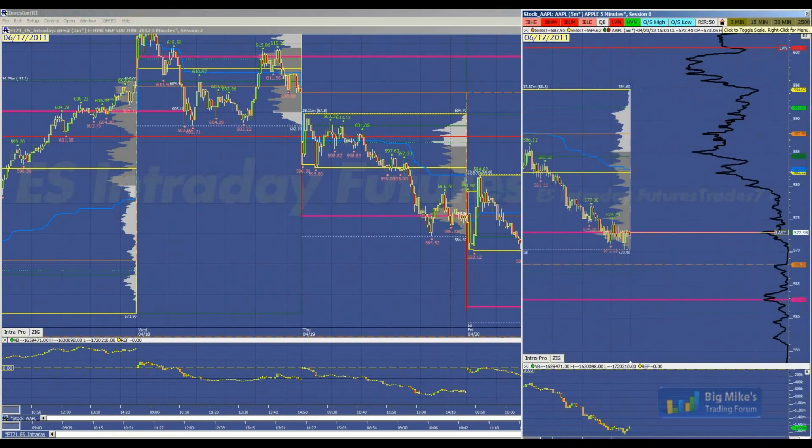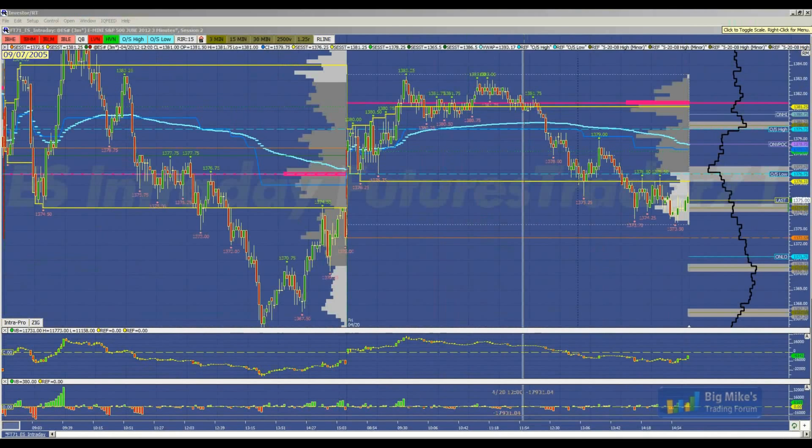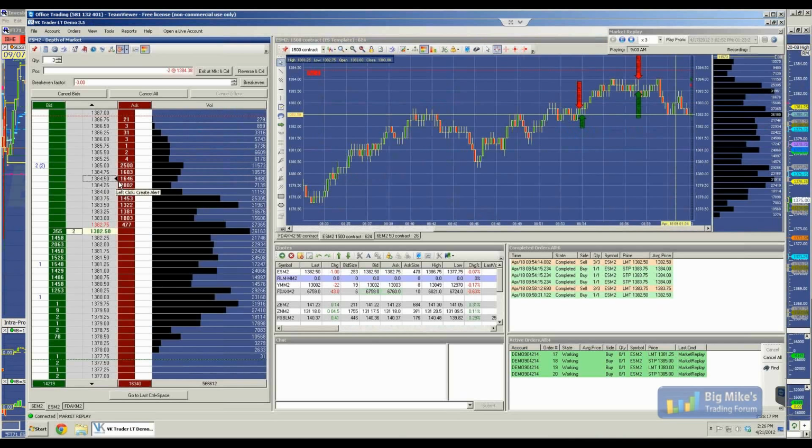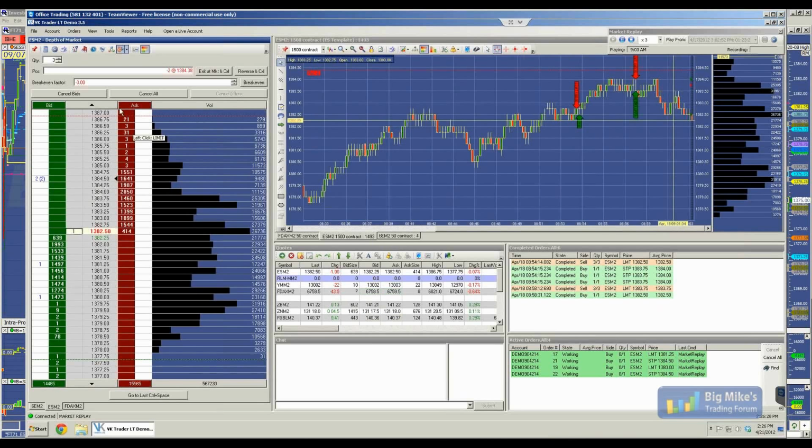Actually, it just got the fill on that other contract. So right now my theoretical average is up here at 84.50. If I move the stop to 84.50, I would net 0 P&L on the trade. So now I can let this trade do its thing, and it's got plenty of room.